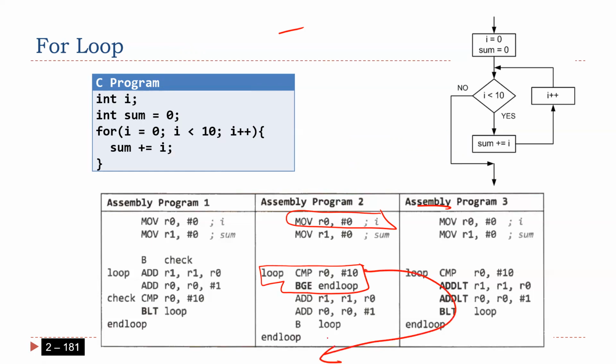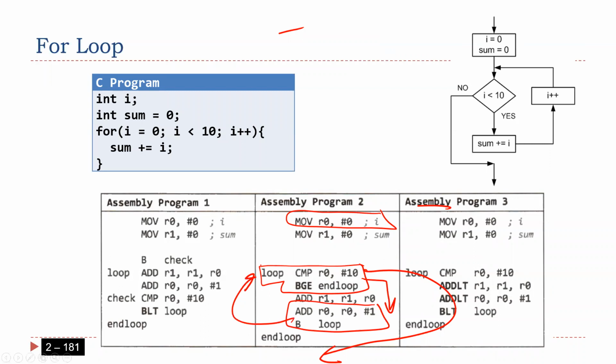Remember BGE means B is branch, G is greater, E is equal. So if it is greater or equal than 10, just go outside. If not, it's going to come this way. And here, I'm going to increment I, which is R0, and then I'm going to come back here to check again and keep looping.